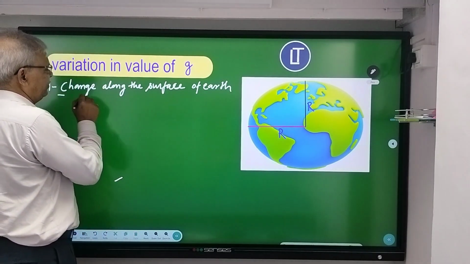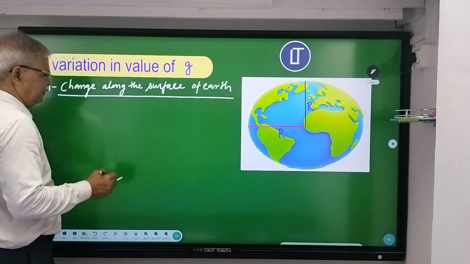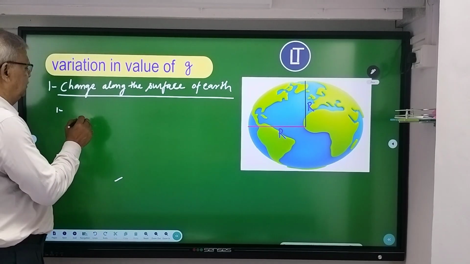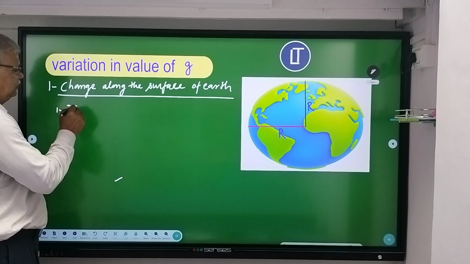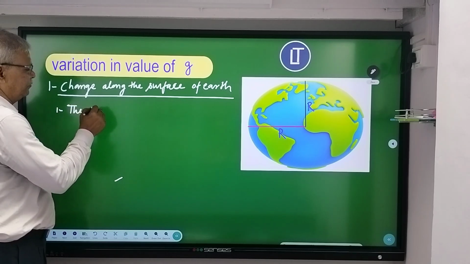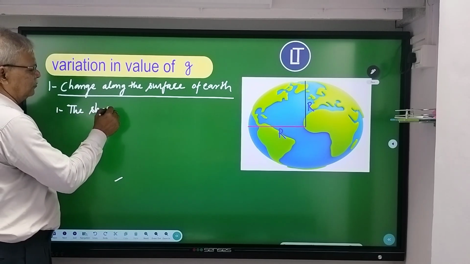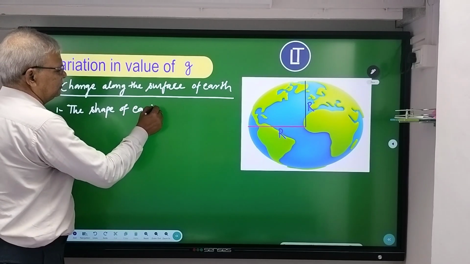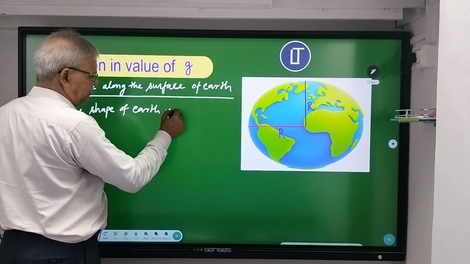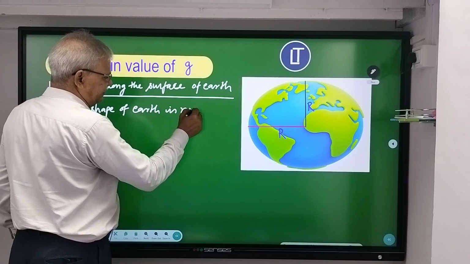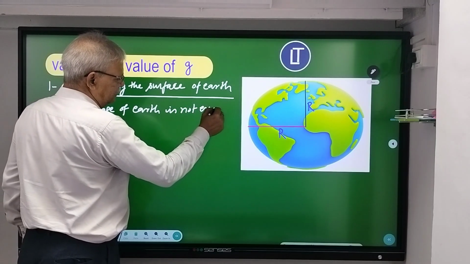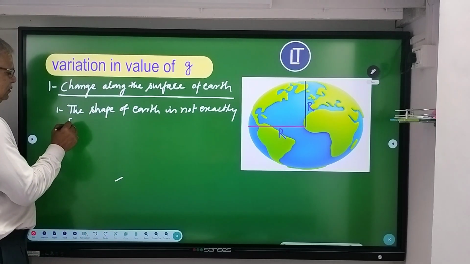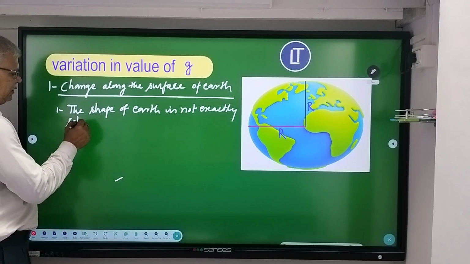The reason behind it is that first here the shape of earth is not exactly spherical.